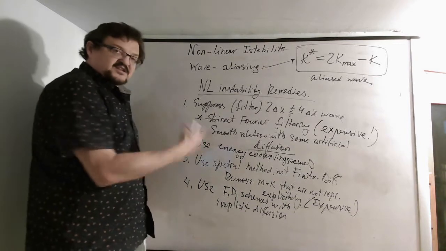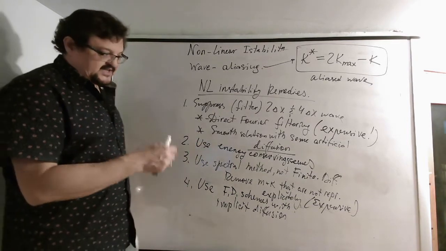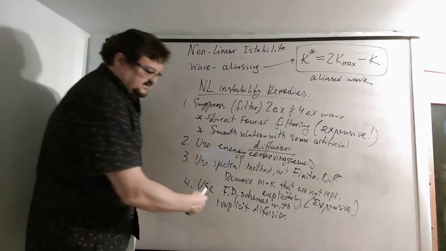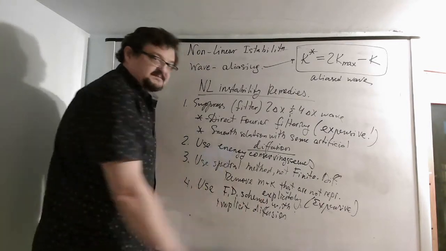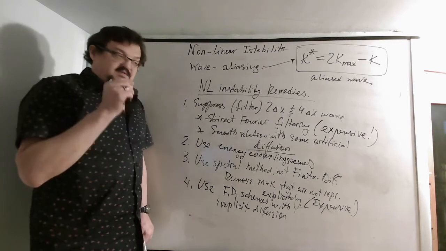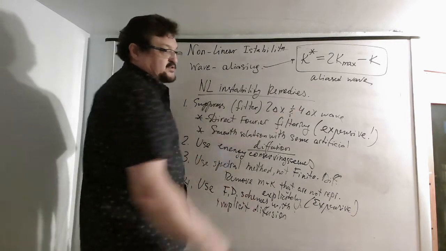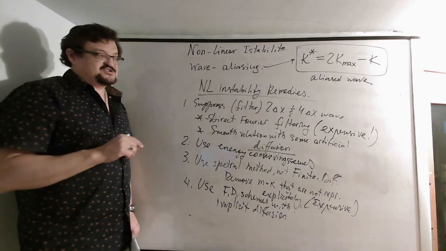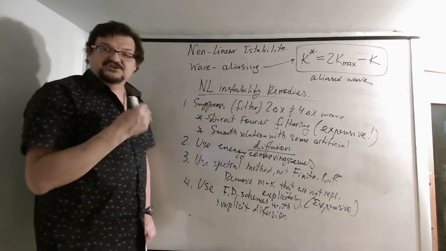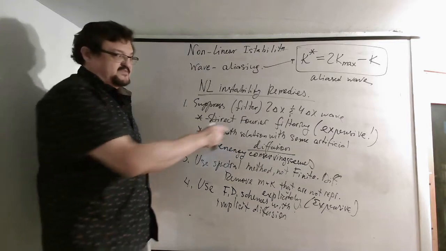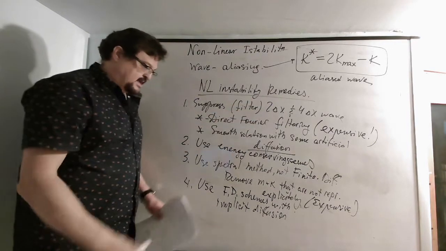So you just create lots of noise at the short scales in that case. If you use these dissipative, diffusive schemes, then the short waves are not allowed to interact much and produce instability because the scheme naturally removes energy from those small scales.